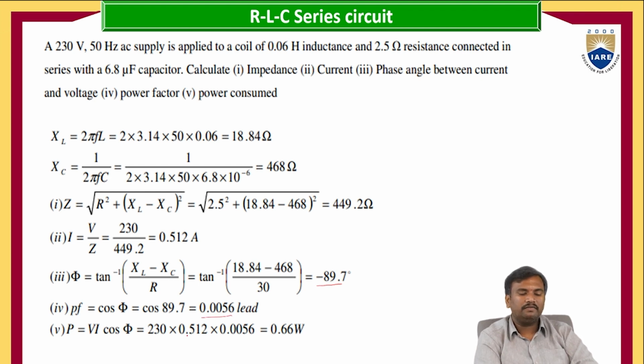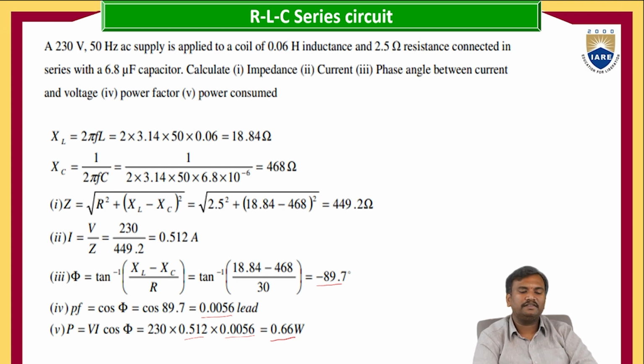We are going to get this value as 0.0056 leading. And power P is equal to V I cos phi, that is 230 into 0.512 into 0.0056. Here the value is 0.66 watts.